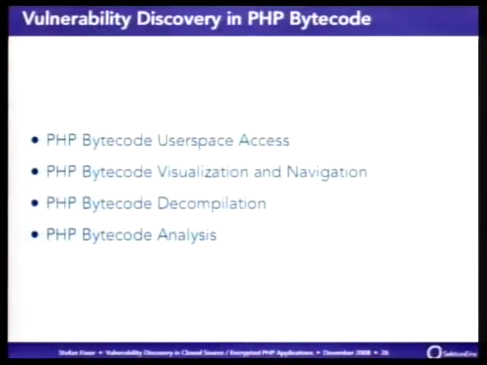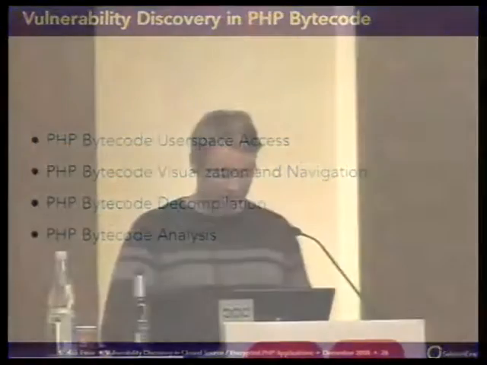First of all, you need some kind of user space access to the bytecode so that your scripts can access the bytecode and read it, parse it, and whatever you want to do with it. Then I will show you how to visualize and navigate within the bytecode. I will show some slides about bytecode decompilation and some automatic analysis you can do on the bytecode.